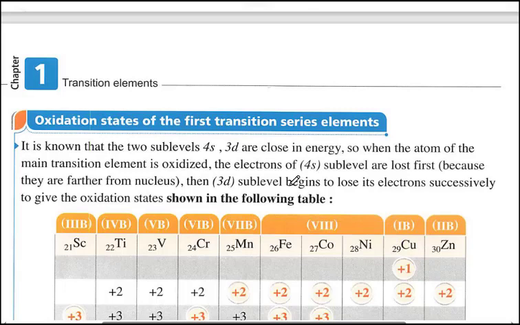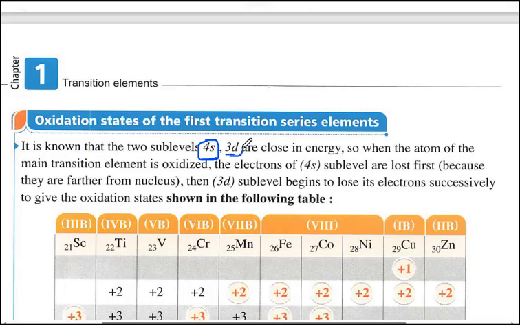Now there are very important notes about the oxidation state. We know that the 4s and 3d sublevels are close in energy. So when the atom is provided with some energy, it loses the 4s electrons first because they are farther from the nucleus.